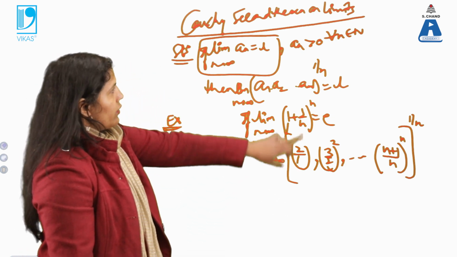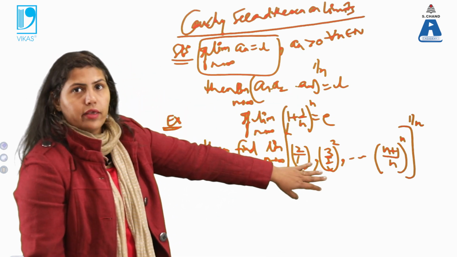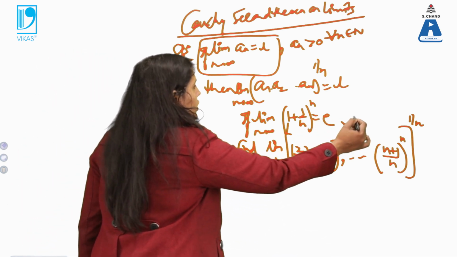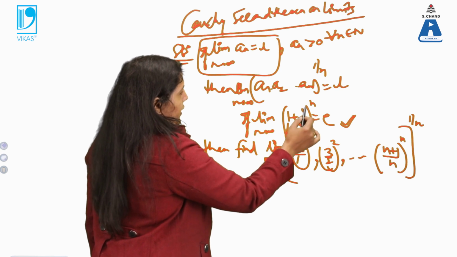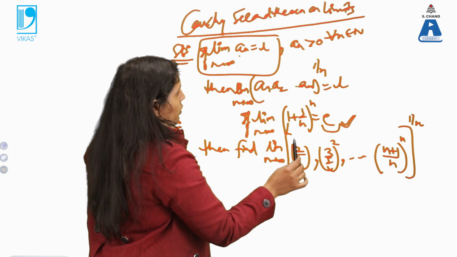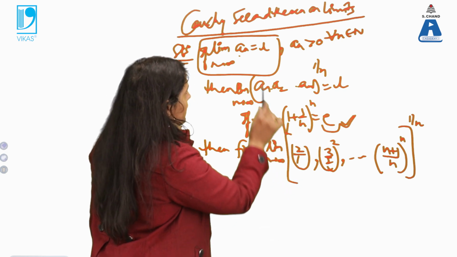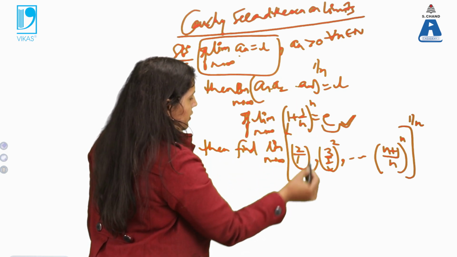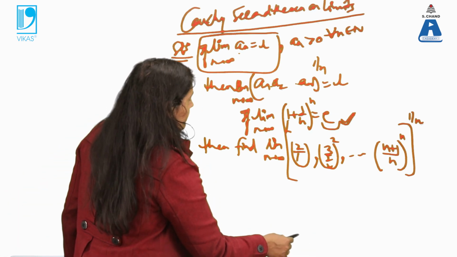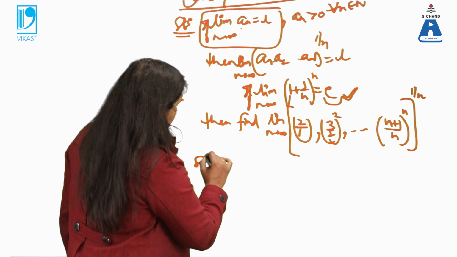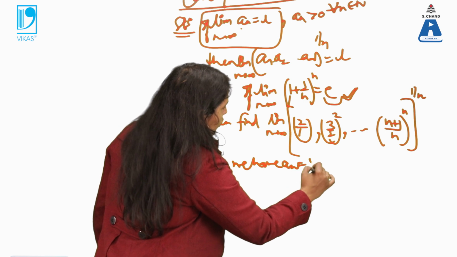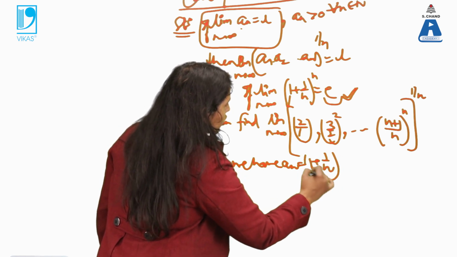Now, you can compare it with the second theorem, and anyhow, with such a big expression, if you don't know the theorem, you cannot calculate the limit. This is given to you only. So, limit an, we can compare, limit an is E. If we apply the second theorem, because the limit of an is given, an is what? You can compare: solution, we have an as (1 plus 1 by n) whole power n.